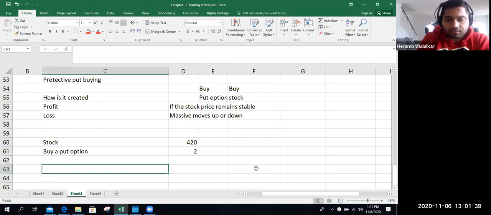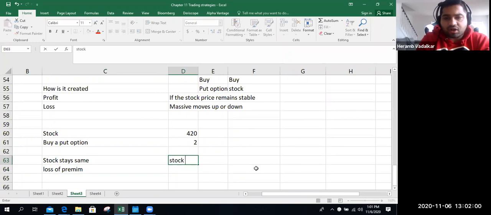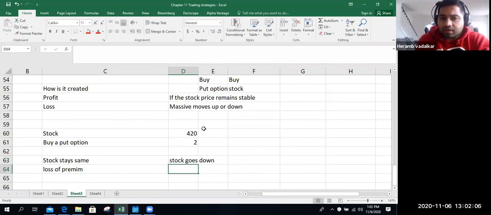So let's do that. Stock stays the same. If the stock stays the same, I paid $2 to buy the put. So that will be my loss, loss of premium. Okay. If the stock goes down, I'll suffer losses on my stock portfolio.